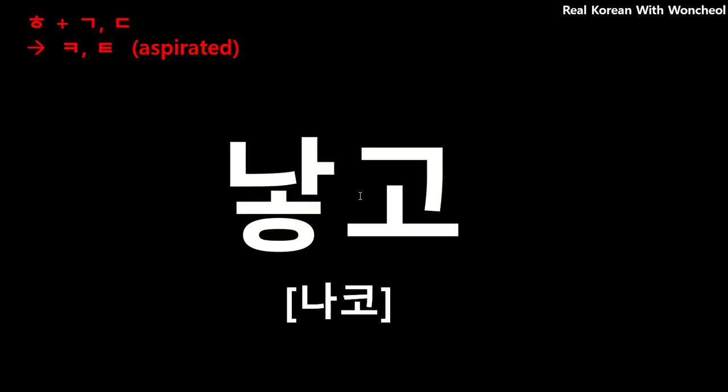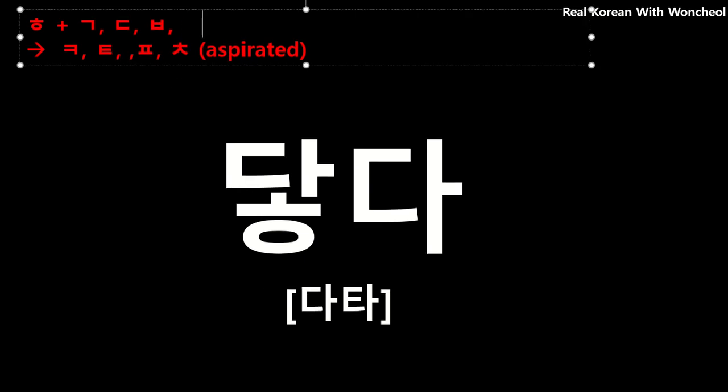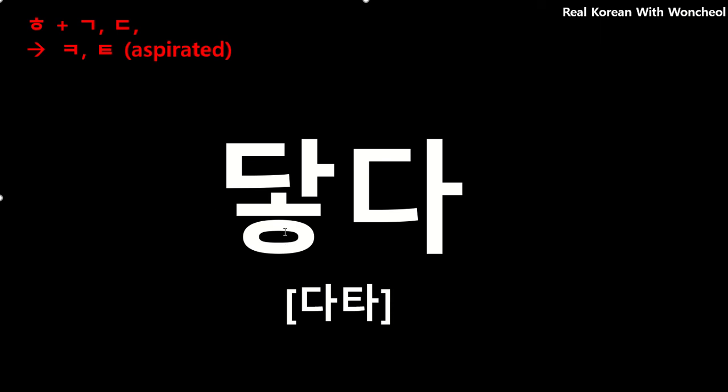Okay, so here H sound, and then you have G sound. Then it's pronounced na ko. H disappears again, and na ko. Okay, and then this one. It's not ta ta, but ta ta. Okay, H disappears. Ta ta.